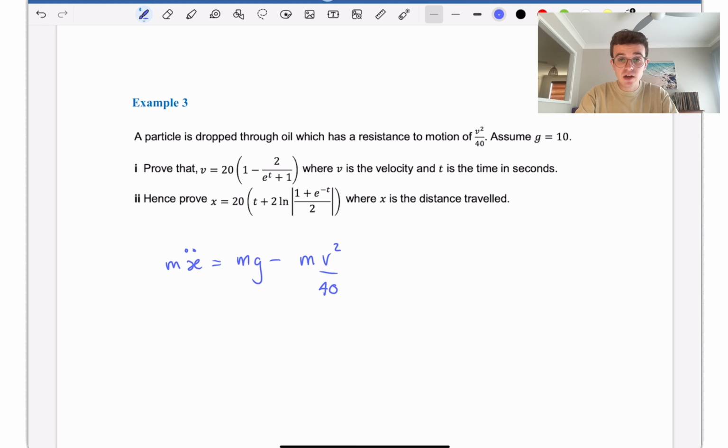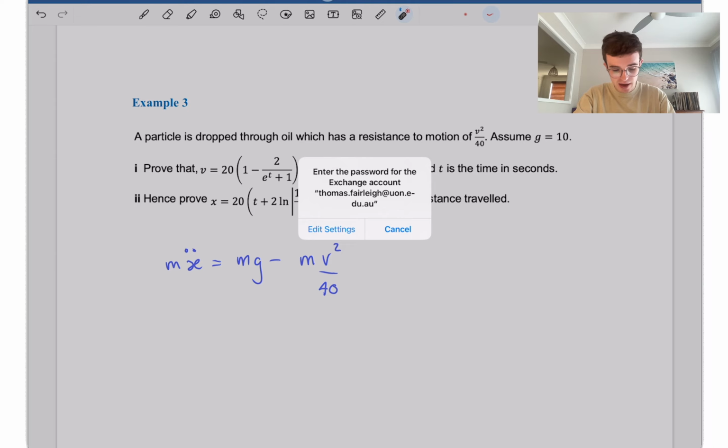Now, technically we're not allowed to do that, but some textbooks do it just to make the maths easier. If you don't do it, you're just going to get an equation that involves m's in it, which technically, if you do some manipulation, you end up realizing that it is the same answer.